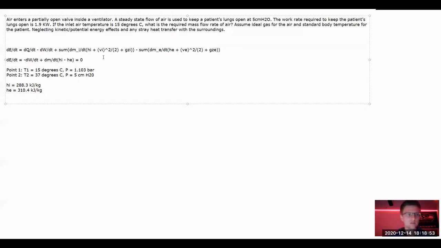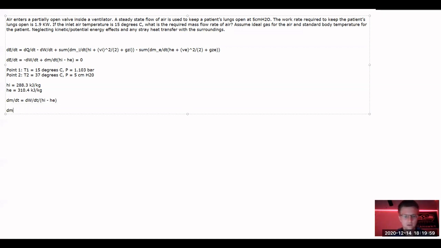So then we plug these two values into our equation here, which we can rearrange for m dot. So we get m dot equals the work term divided by our difference in enthalpies between the inlet and the exit. And now we plug in our values.